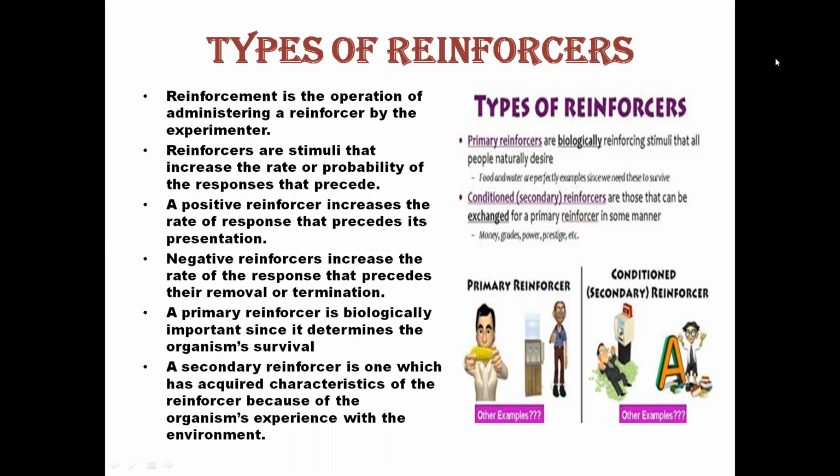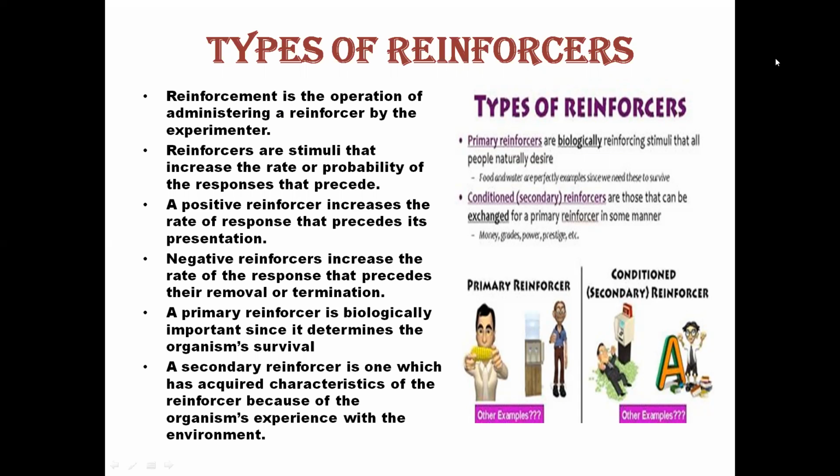On the other hand, the secondary reinforcer is the one which has acquired the characteristics of a reinforcer because of the organism's experience with the environment. For example, money, praise, acknowledgement. If you get good grades in the examination, your parents and your teachers acknowledge you in public. They basically reward you. And that is all a part of secondary reinforcement.